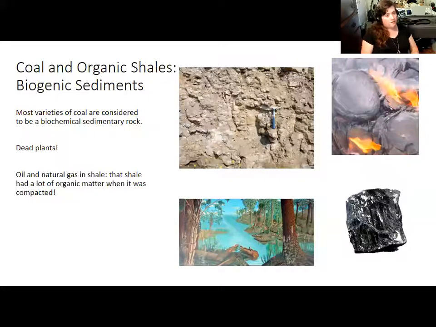And that's why fossil fuels are known as fossil fuels. They are literally from dead plants in the case of coal and dead phytoplankton in the case of oil and gas. And that's why you sometimes have shales that are considered to be organic shales, because you have rock fragments mixed in with oil from these dead plankton.